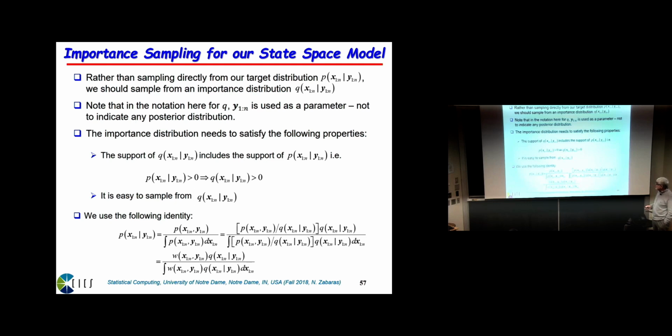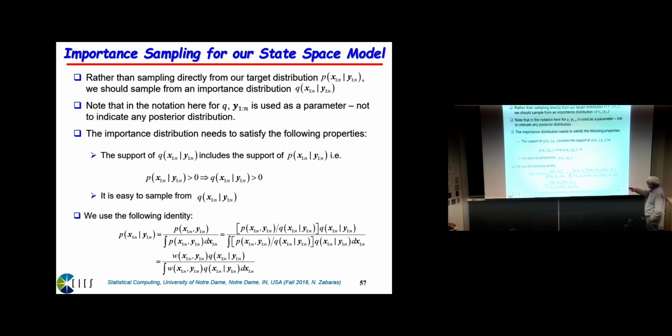I'm going to give you the same equations I had before, cut and paste. We're going to introduce an importance sampling distribution Q. By the way, on the notation: Q is a distribution of the variables x1 to xn.